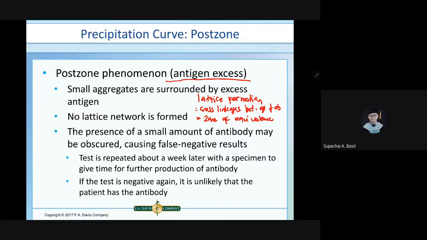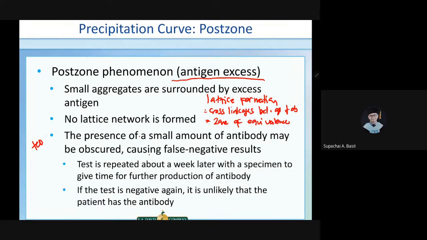So the presence of a small amount of antibody may be obscured because you have too much antigen, causing false negative results. So what should be the resolution? First, you can repeat the test about a week later.